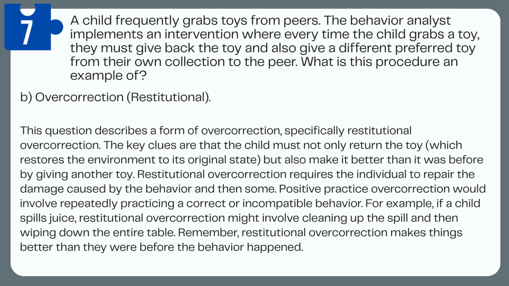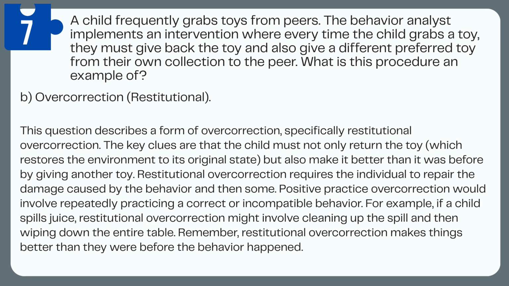Answer B. Overcorrection, restitutional. This question describes a form of overcorrection, specifically restitutional overcorrection. The key clues are that the child must not only return the toy, which restores the environment to its original state, but also make it better than it was before by giving another toy. Restitutional overcorrection requires the individual to repair the damage caused by the behavior, and then some.